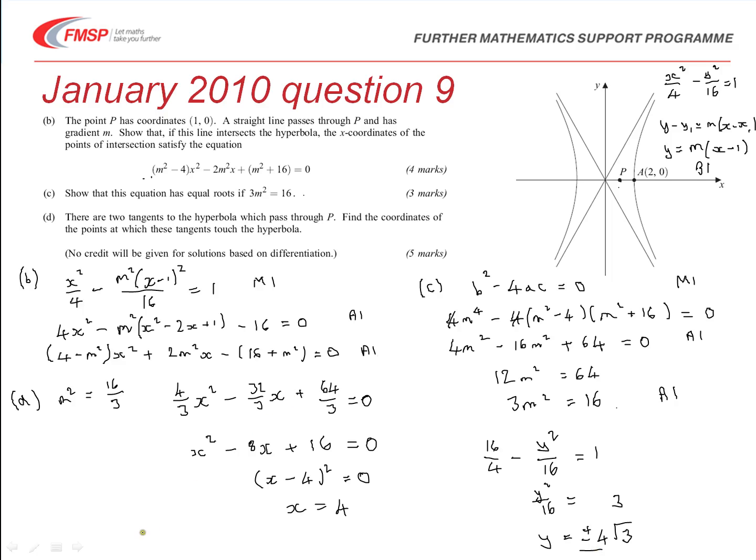And so we could just finish off by writing down that our 2 points of intersection are 4 and 4 root 3, and 4 and minus 4 root 3.